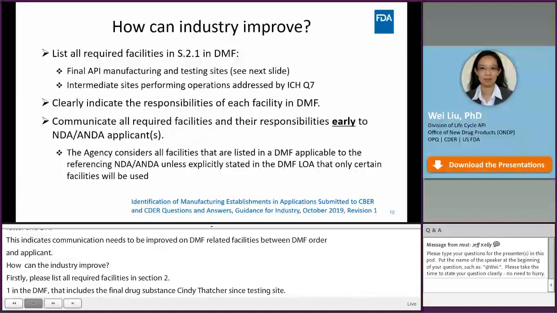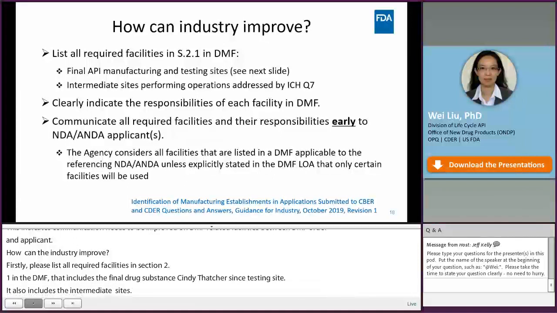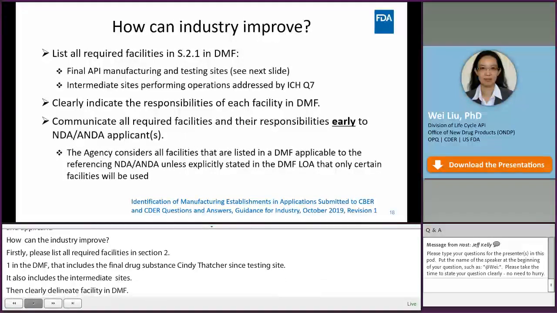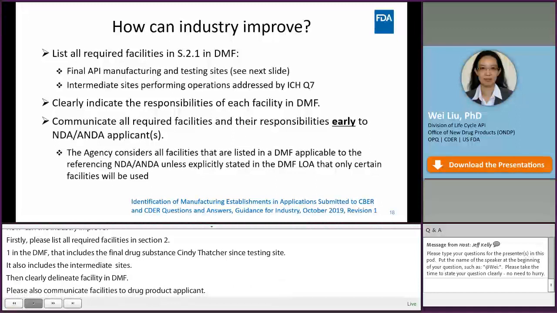Please also communicate all required facilities and their responsibilities to drug product applicants. If only certain facilities in the DMF are used to support the drug product application, please indicate this in the DMF LOA. Otherwise, the agency considers all facilities listed in the DMF applicable to the reference applications.